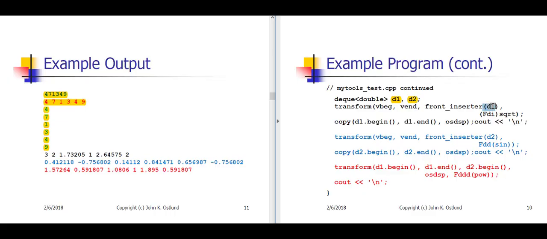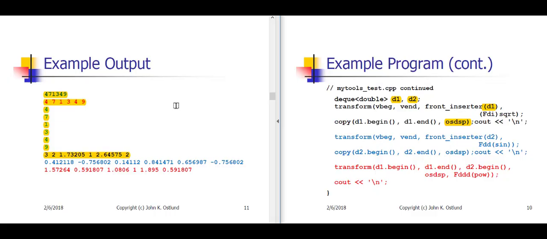Into D1, I'm using the front inserter so that for all the values from VBeg up to but not including VEnd, we're going to compute the square root, and the result is going to be inserted into the front of D1, so that when I display D1 using the OStream iterator for doubles with a space, what I get out are the square roots of the values in the vector V, but in the opposite order.